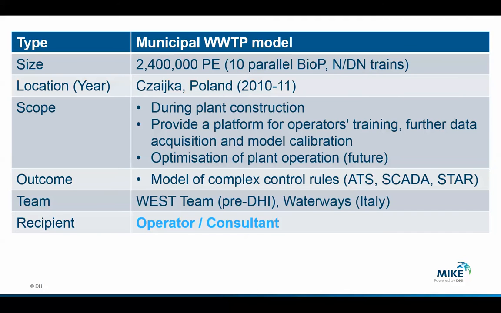Second application that I wanted to show is a whole plant model for the large wastewater treatment plant of the city of Warsaw in Poland. I thought this could be a good example of a complex process layout combined with an even more complex control layout. For this study, we had to implement some very advanced control algorithms.